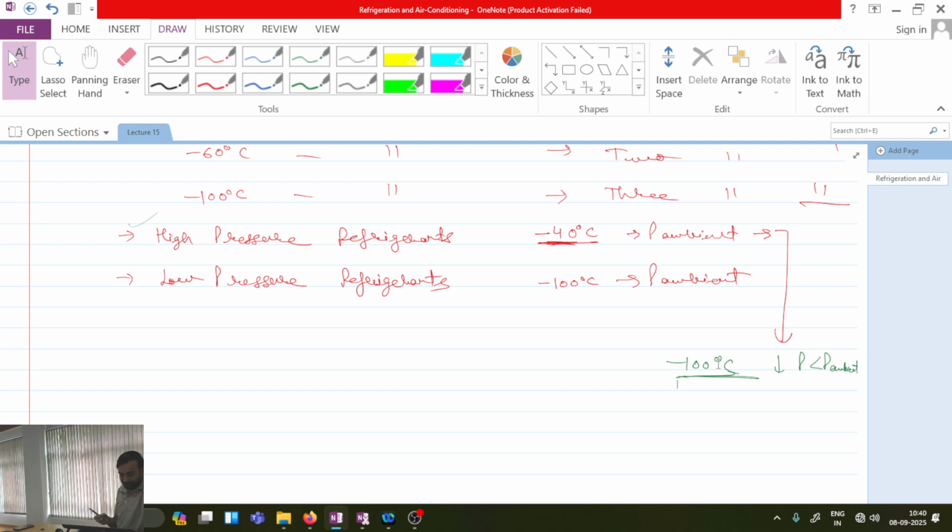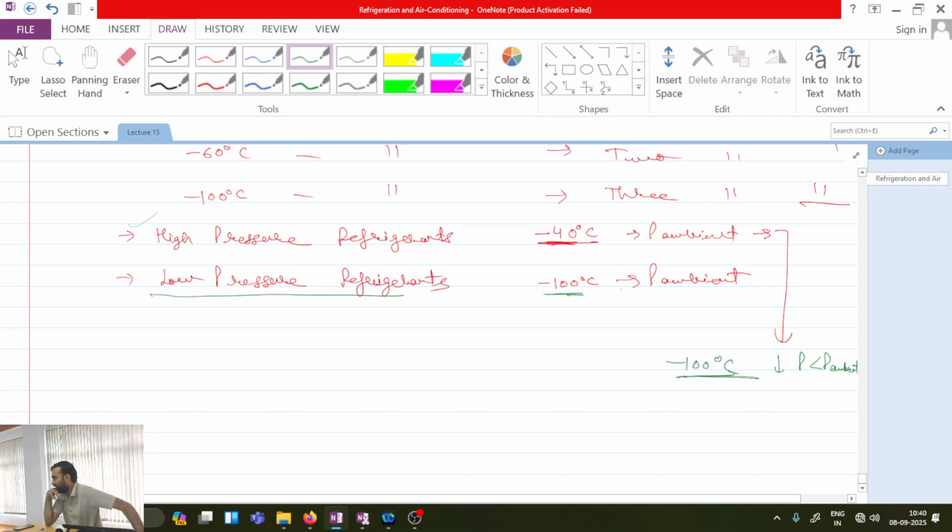So in order to avoid the entry of air into my refrigerating circuit, we have to use refrigerants which have low boiling point at the desired temperature conditions. This type of refrigerants are called low pressure refrigerants.